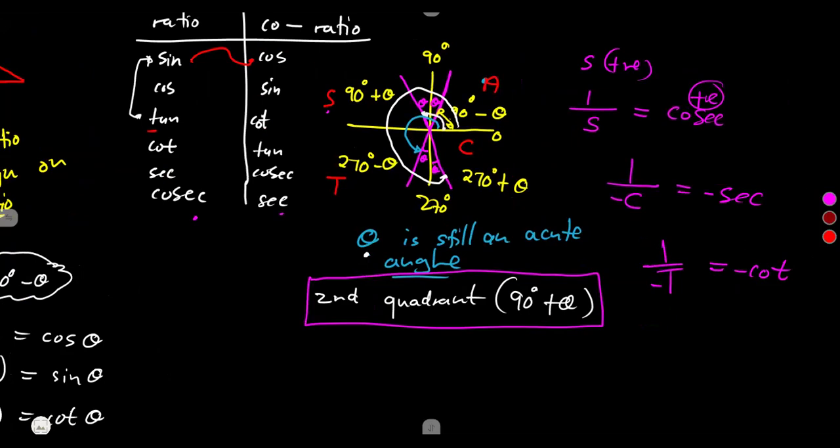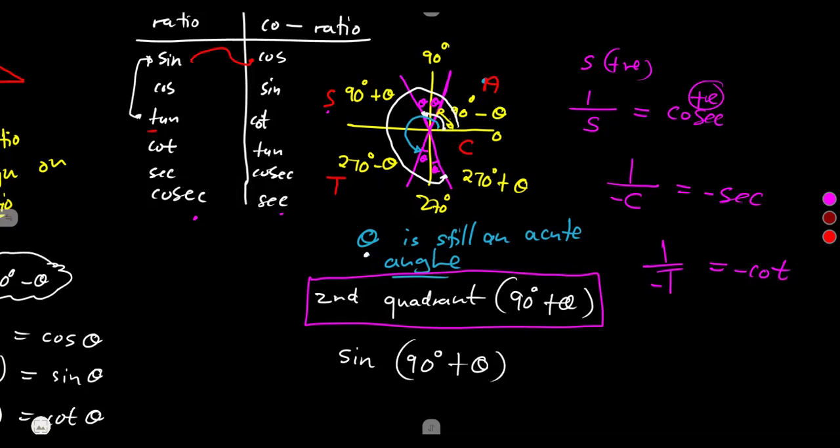This is what I'm trying to say. You're supposed to know your angles, how they are presented. So in the second quadrant, 90 degrees plus theta, it is sine which is positive. So we are going to say the sine of 90 degrees plus theta. Guys, I want you to take this.